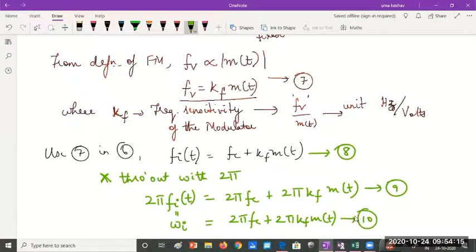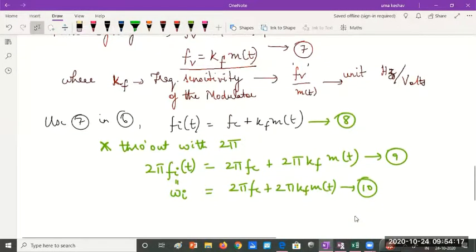Now from this, how do I define the angle theta? We discussed the relation. How do we get angle theta from angular frequency omega? Omega into t. Integrate this with respect to time.